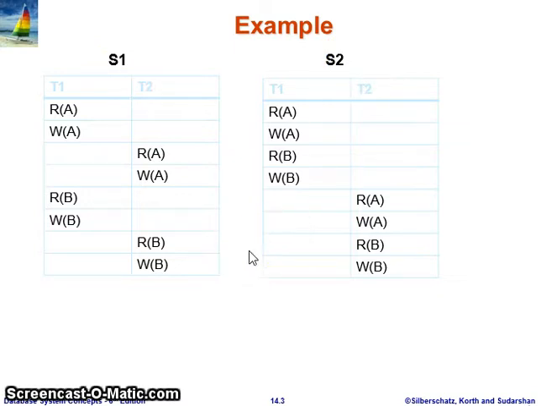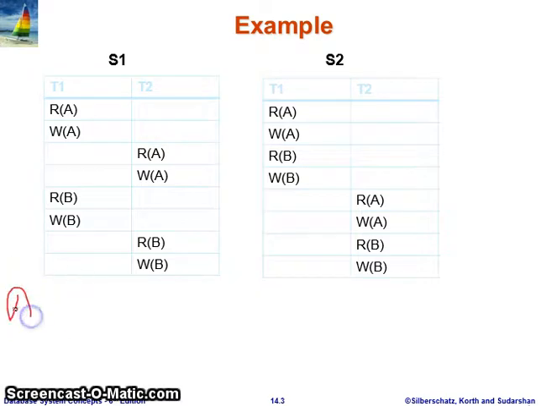So for checking the view equivalency, we check these three conditions on a particular data item. Here the data items are A and B. So check first on data item A whether the condition is matching or not.